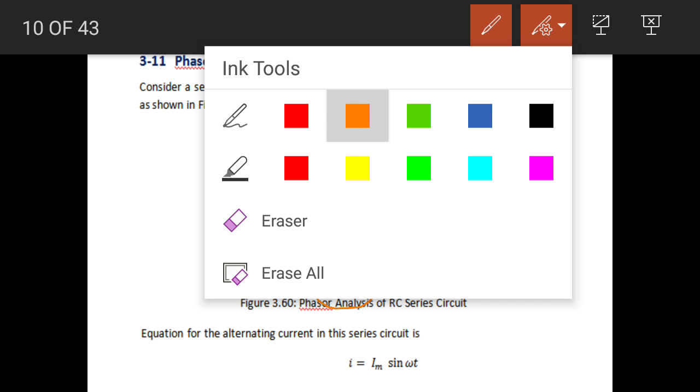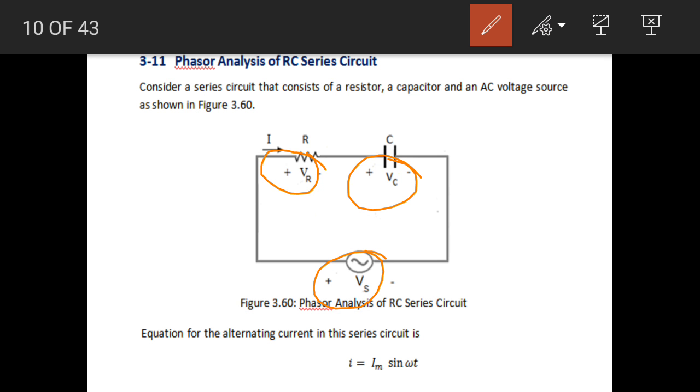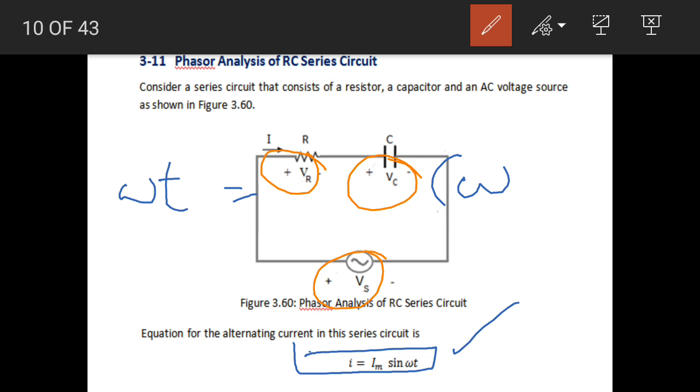So we consider the instantaneous equation for the AC current in this series combination. And omega t in this equation can be written as omega t plus 0.